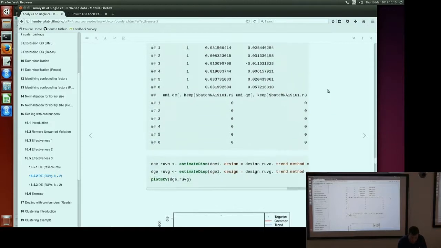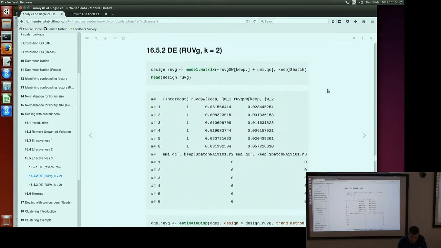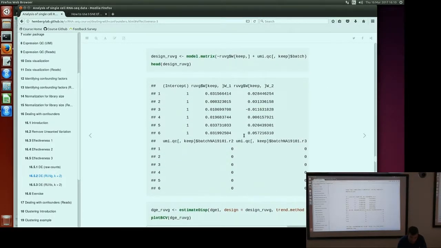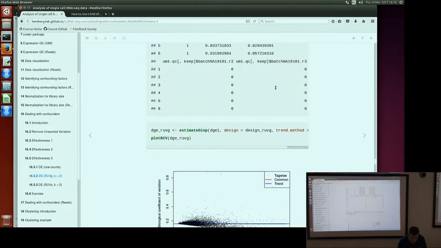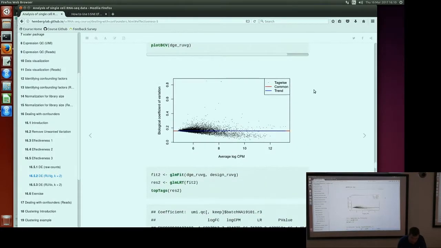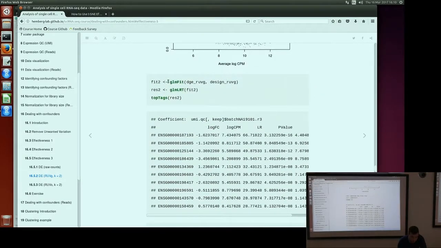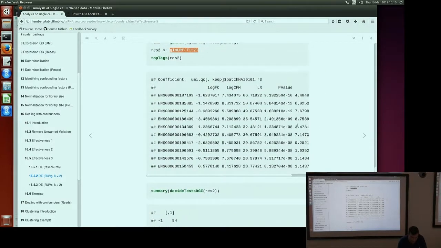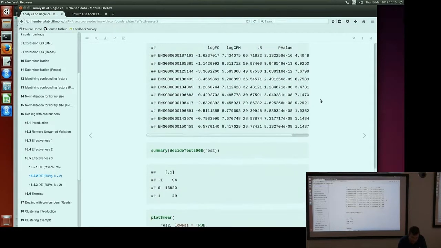Need to, again, define the relevant design matrix. So now we include those factors defining unwanted variation from RUV, incorporate that in the design matrix, estimate the dispersion again, get a broadly similar looking plot as previously, go through the same process of GLM fit with the appropriate objects and the glmLRT, the likelihood ratio test, and again, we can look at the top table of DE genes.